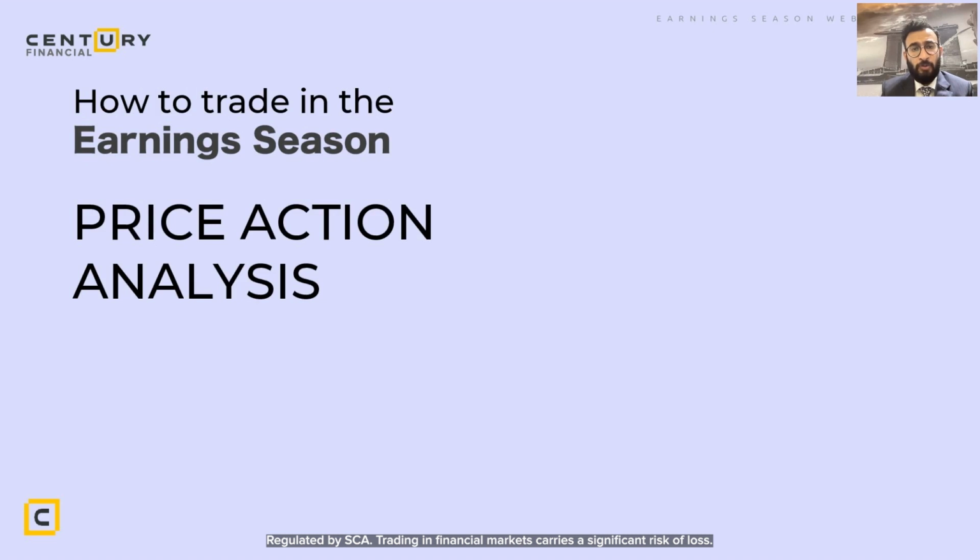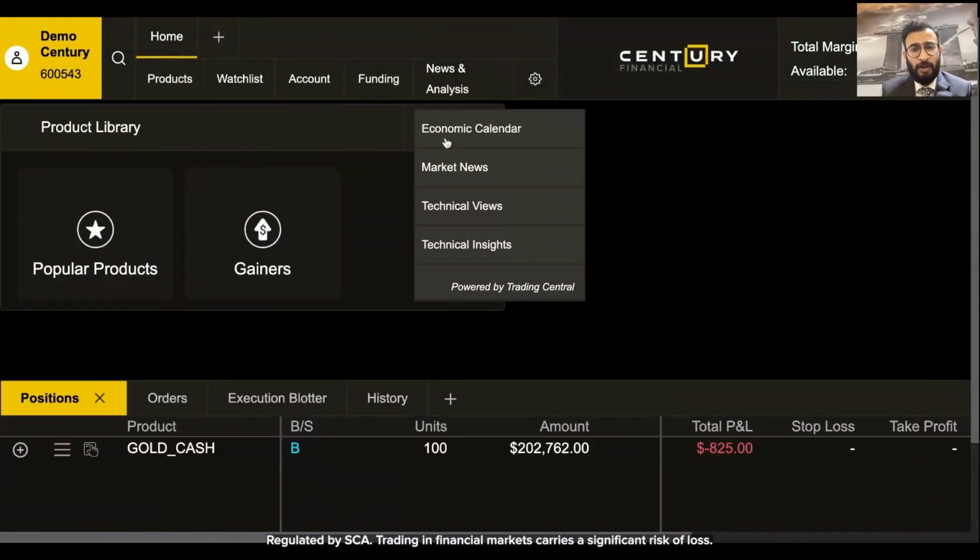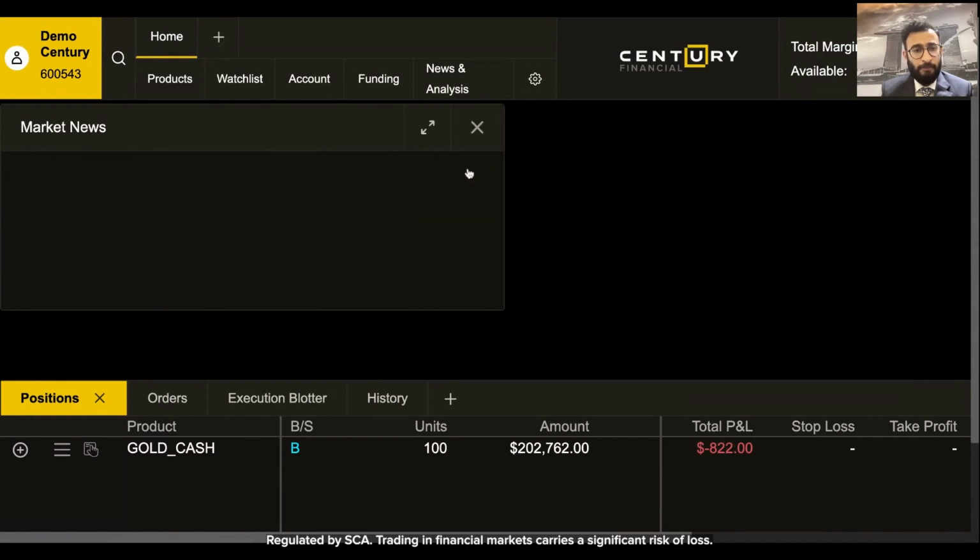Here I would like to also show you real quick some stock screeners which you can see from within the platform. So right here, for example, real quick, guys, this is news and analysis.